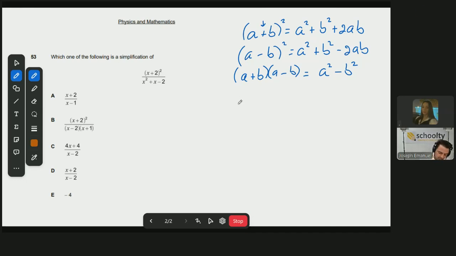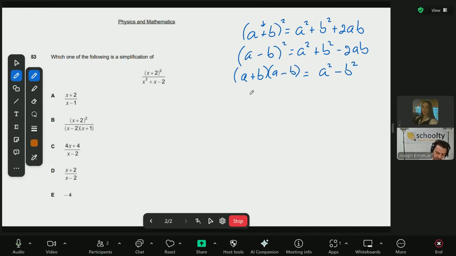Let's remember how to simplify x square plus x plus b, to x plus v multiplied by x plus u. Okay, how to get from this shape.